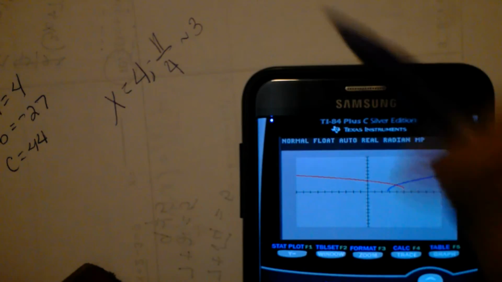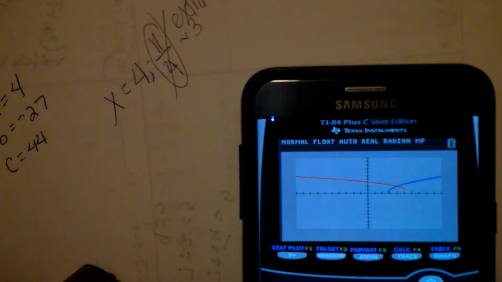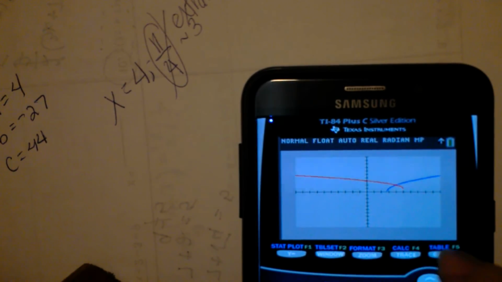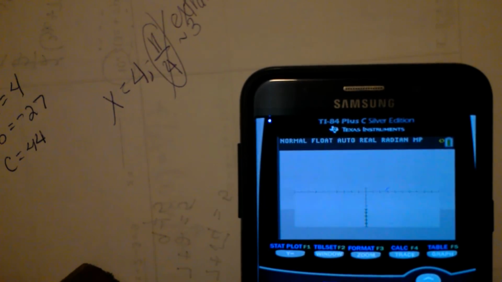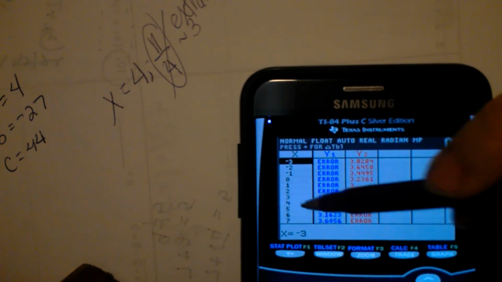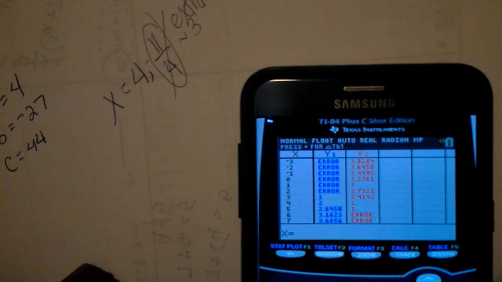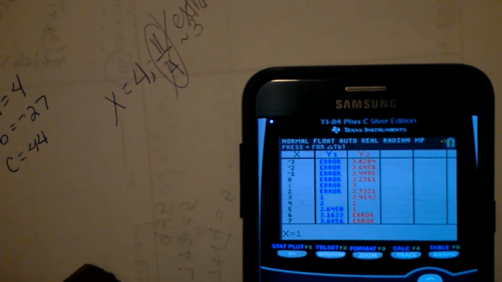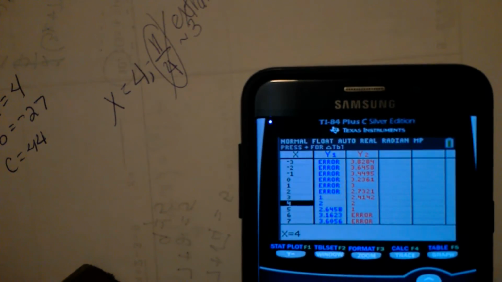So I know 11/4 is extraneous. Go to the table, and there's 2, x is 4. And that's the only answer I get.